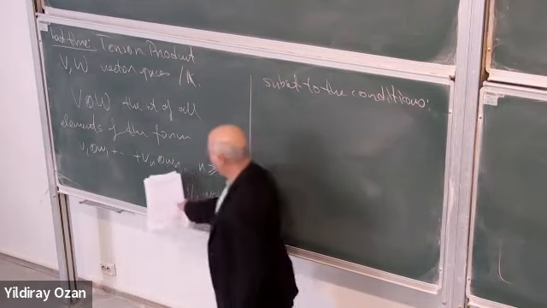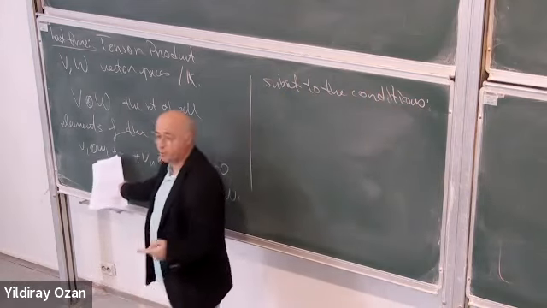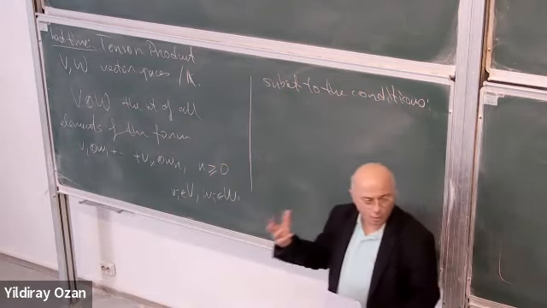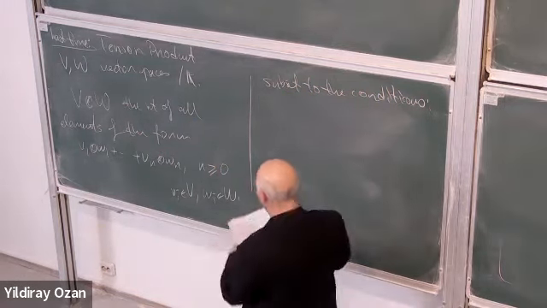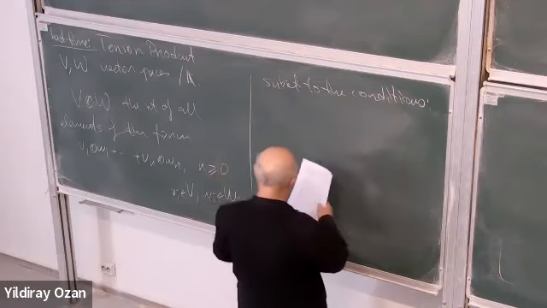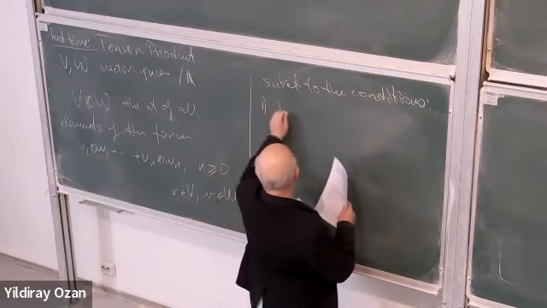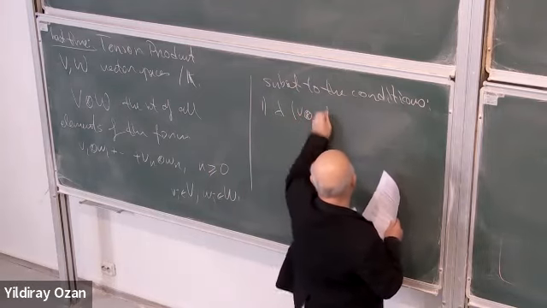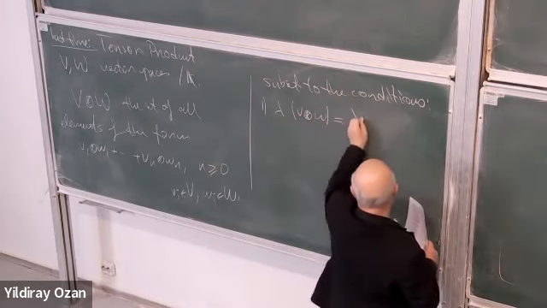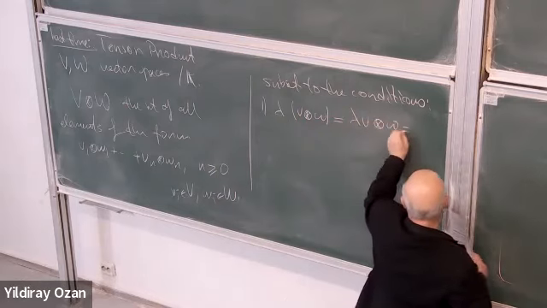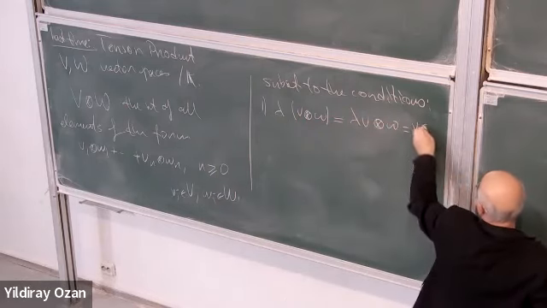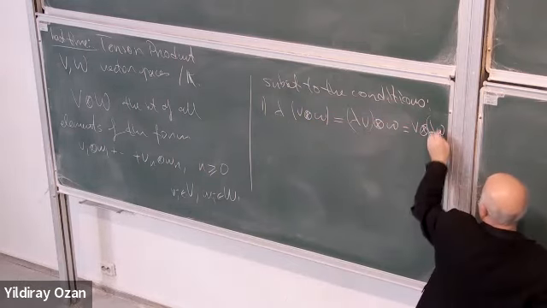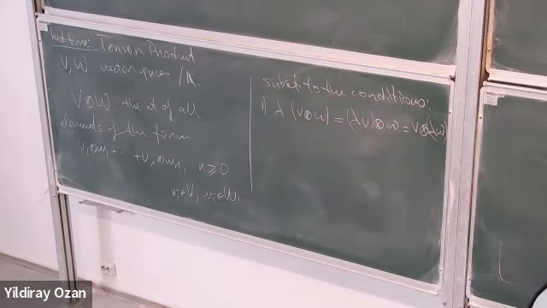So this is like a product. We call it tensor product, and it obeys some rules. Three rules. What are they? First one is this: lambda times this tensor product will be the same as lambda v tensor w, and will be the same as v tensor lambda w.